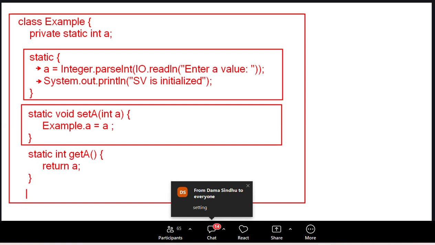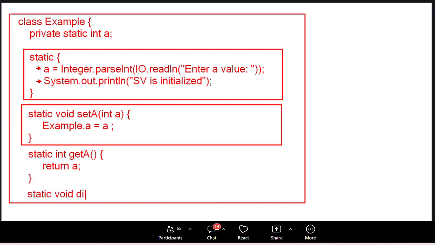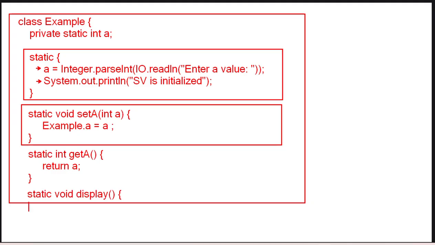And I am writing one more method, static void display. Previously we took the display method as a non-static method. Now I am taking it as a static method because it is displaying a static variable. System.out.println a. Now this method is meant for printing the static variable value.